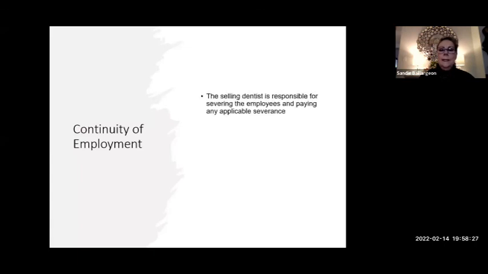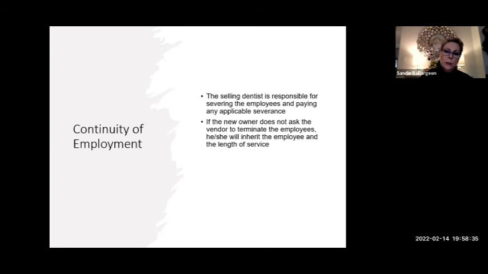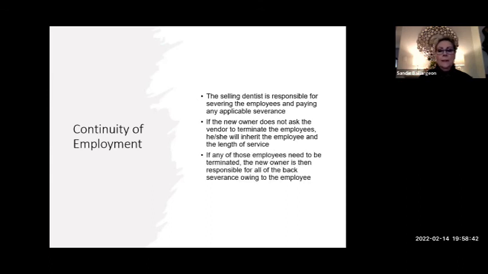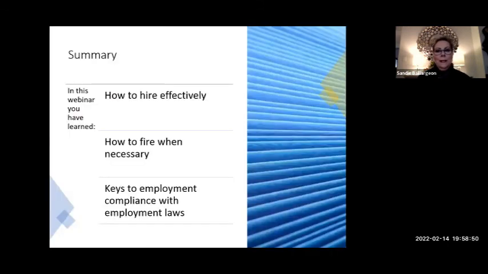Otherwise, the purchasing dentist is responsible for the length of service for each of the employees with their previous owner. So if you had to terminate somebody, then you would have to pay them all that severance because you're inheriting their length of service. If any of the employees need to be terminated, the new owner is responsible for all of the back severance owing to the employee.